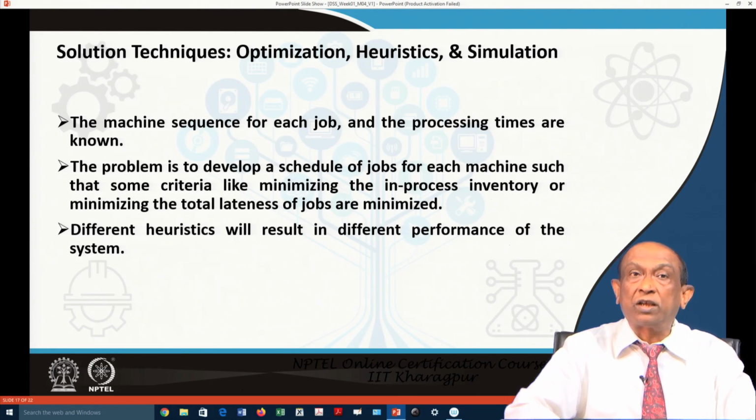Different heuristics will result in different performance of the system, and depending on what the managers want, the rules of thumb will be deployed.